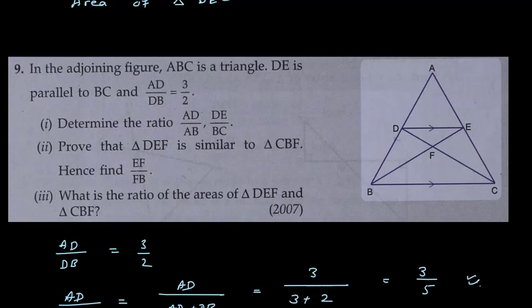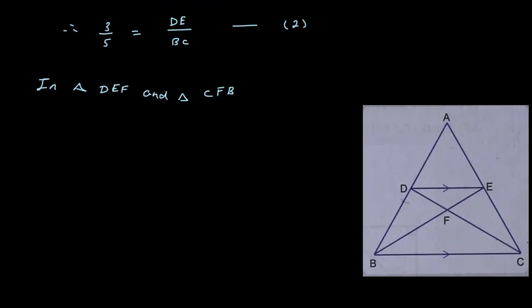Sorry, DEF and CBF. This is CBF. You can say, sir, both the triangles are similar, then why are you changing it? I'm changing it so as to make the proper correspondence.